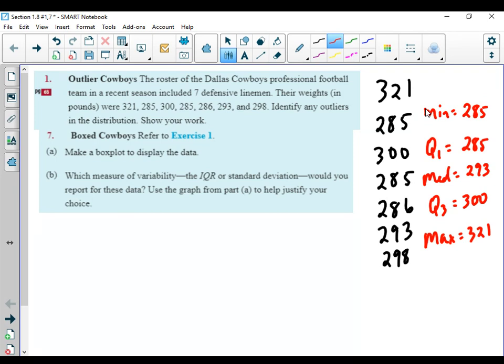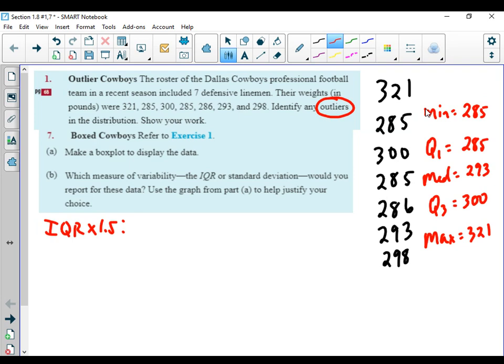All right, well, here's the question they want to know. Did we have any outliers in this situation? So we talked about on Wednesday that we could use the IQR times 1.5 rule. So I'm going to look at my 5-number summary, and I'm going to find the IQR first of all.